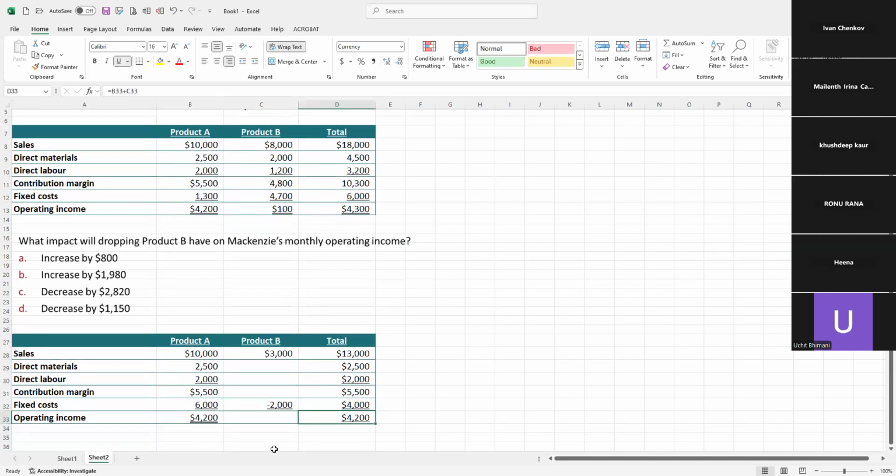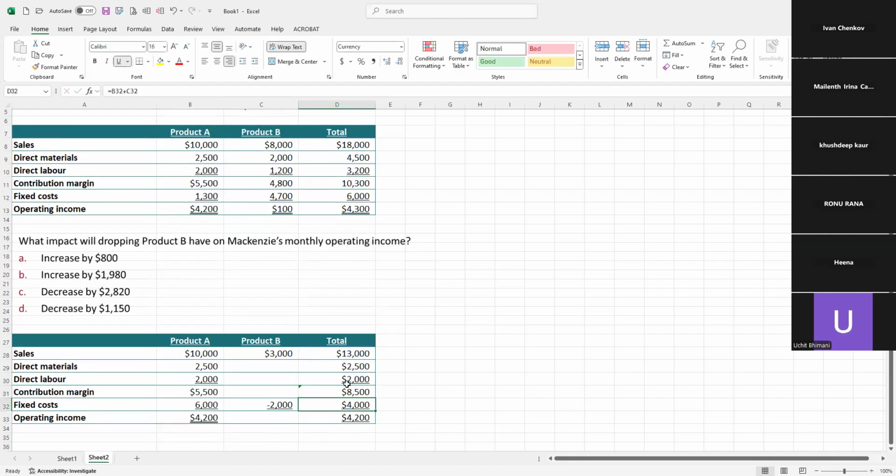So what happens with my income? Here, 13,000, 4,000. Is that a calculation? That's not a calculation now. Now we have to do the new calculation on the contribution margin. That will be this one minus this and minus that.